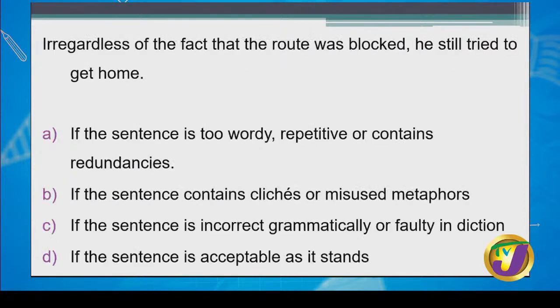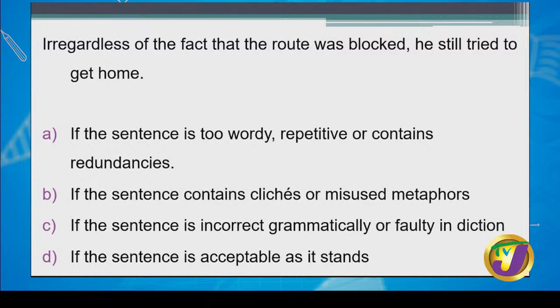Next sentence. Irregardless of the fact that the route was blocked, he still tried to get home. All right, this one is going to be puzzling because I feel that you feel nothing is wrong with it.